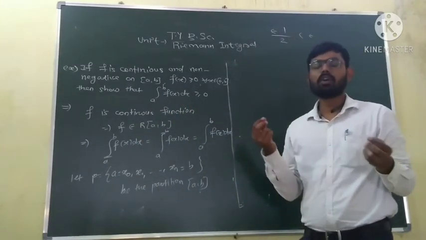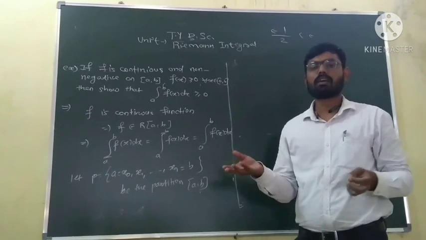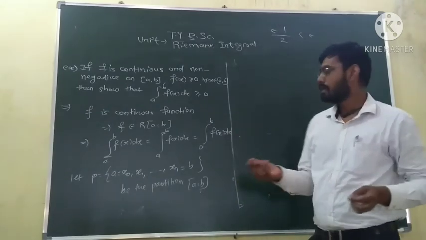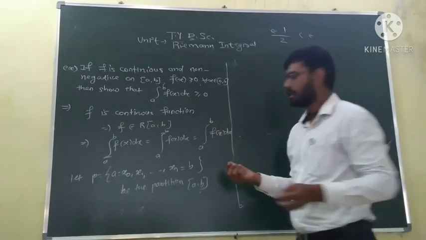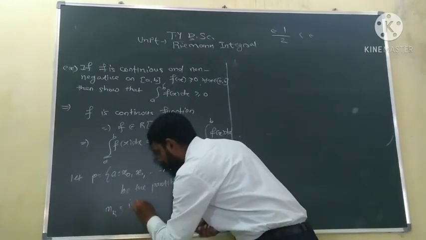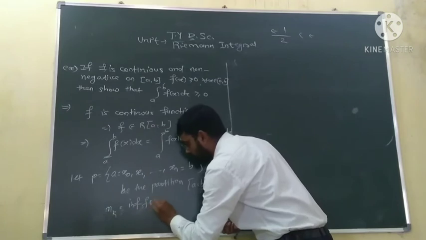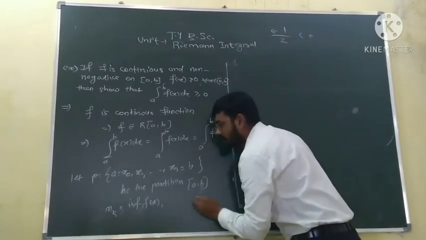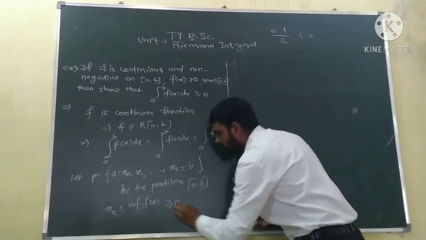We don't need both values, so we will use only one, the smallest value. We will take mk equal to the infimum of the function in the kth subinterval, which is also greater than or equal to 0.